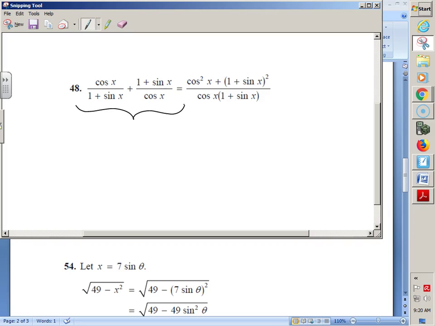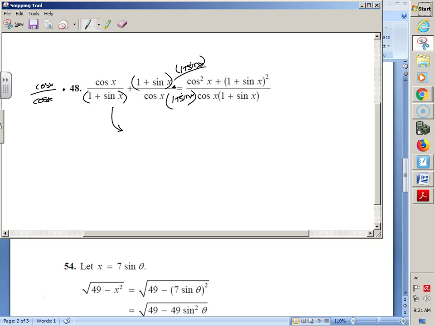What's the in-between step to get from here to here? Yeah, multiplying by cosine over cosine, because that's who that guy's missing. Multiplying by 1 plus sine over 1 plus sine, because that's who that guy is missing.